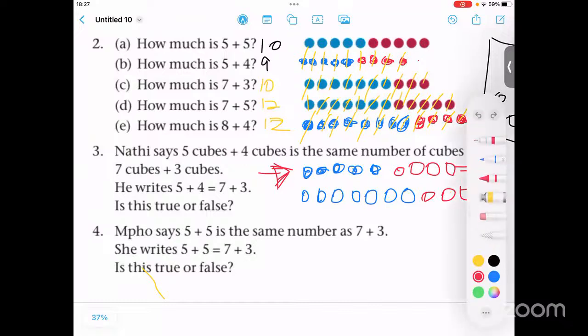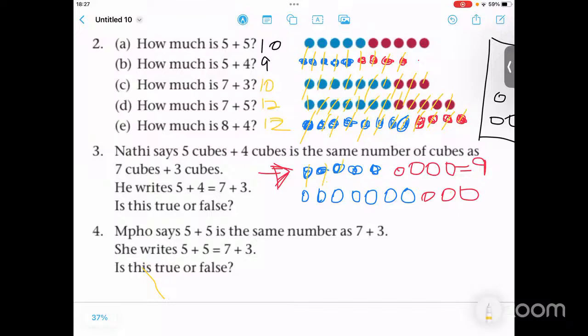Is there somebody who's disagreeing with that? So let's see. 1, 2, 3, 4, 5 plus 4. So it's 6, 7, 8, 9. Perfect. So that means the 9 is correct.